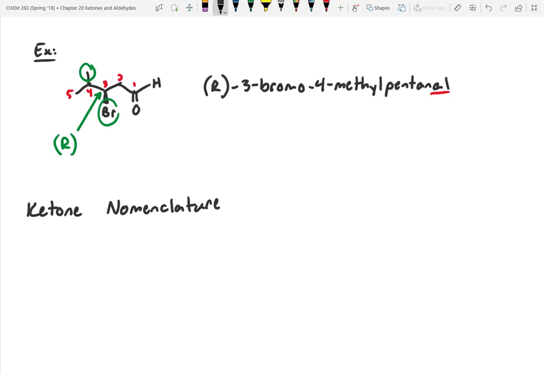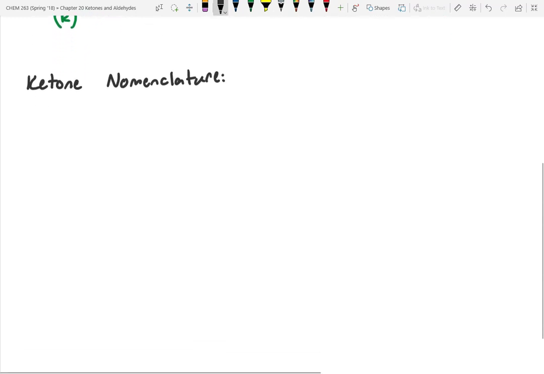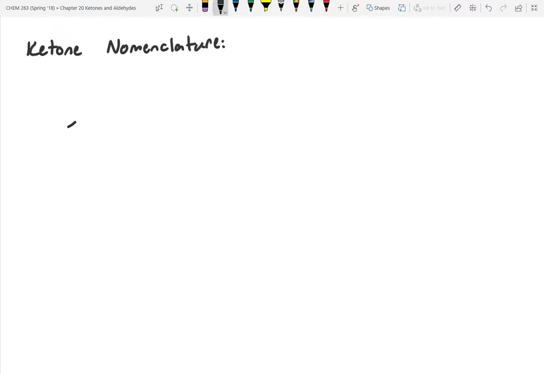Ketone nomenclature is pretty similar, but with a few variations. And I'll again start with the really simple one. Again, we want to number our longest carbon chain containing our functional group. And we want our functional group to be at the lowest possible position. So should we number going left to right or right to left? Say 1, 2, 3, 4, 5, 6.